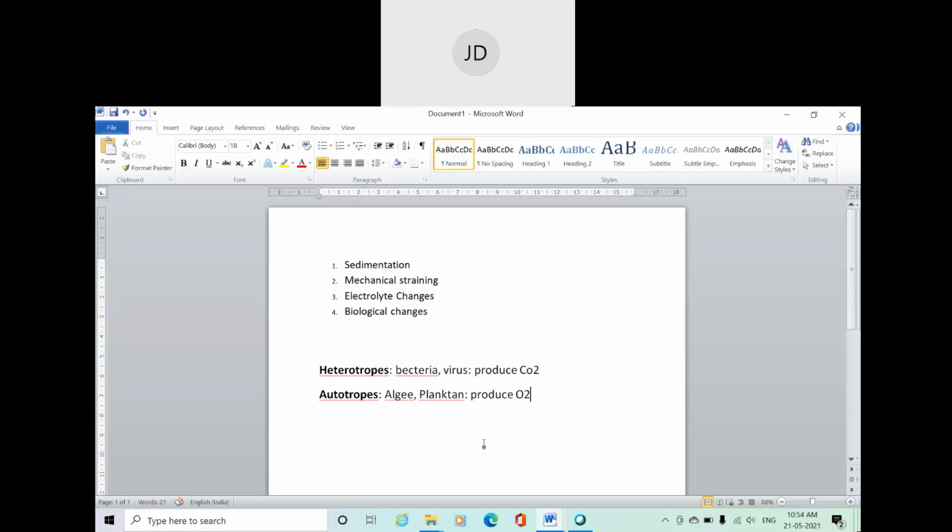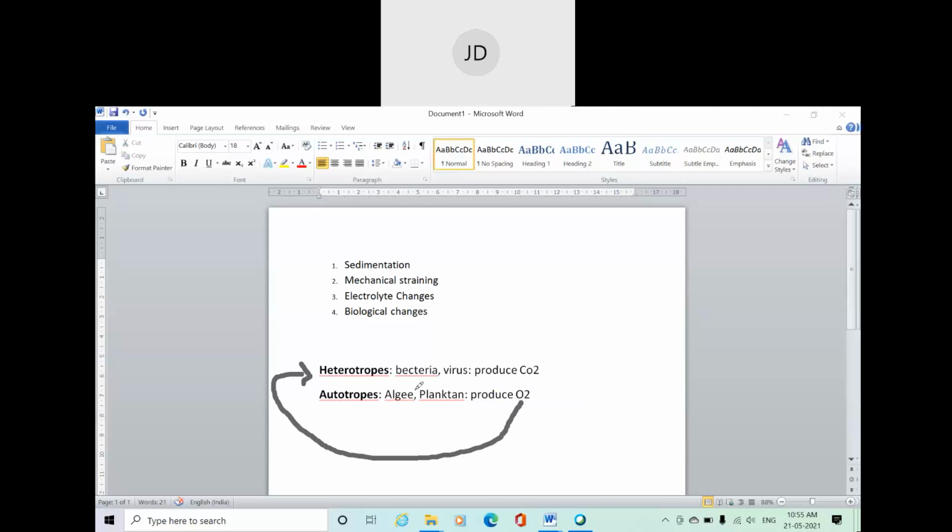And what is the advantage of production of oxygen? This oxygen is required for the oxidation of organic matter by heterotrophs. This oxygen can be used by these heterotrophs for oxidation.